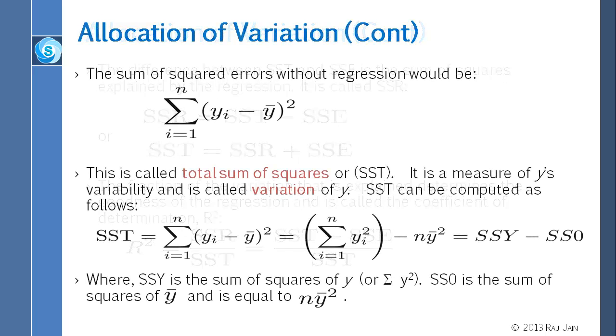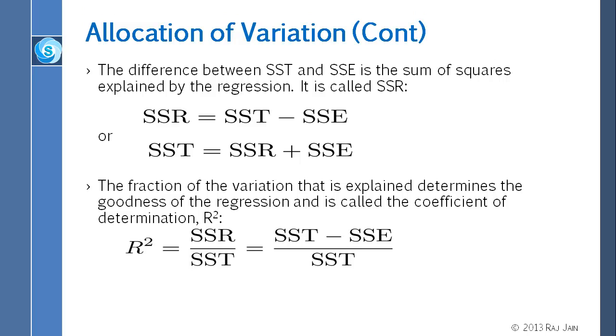So you started from here without x. This is what you had, but with x you have sum of squared errors, SSE. So the difference between these two is called SSR, or SST can be written as SSR plus SSE.